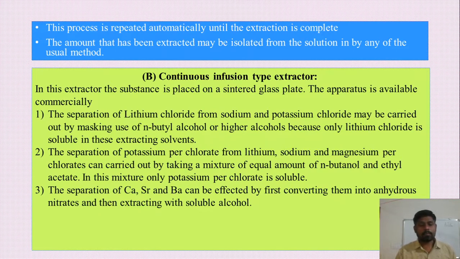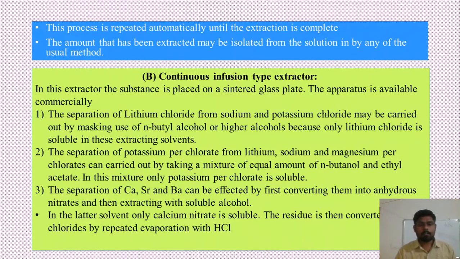Then a well-known separation of calcium, strontium and barium can be effected by first converting them into anhydrous nitrates, then extracting with a soluble alcohol. So these are the three uses of a continuous infusion type extractor. In the latter solvent only calcium nitrate is soluble.